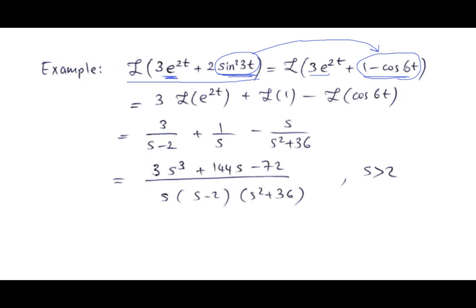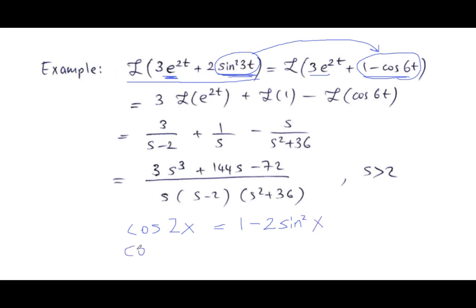So 1 minus cosine 6t, this is the trigonometric identity. So remember, for the cosine, let's say if we have 2x, this can be written as 1 minus 2 sine square of x.